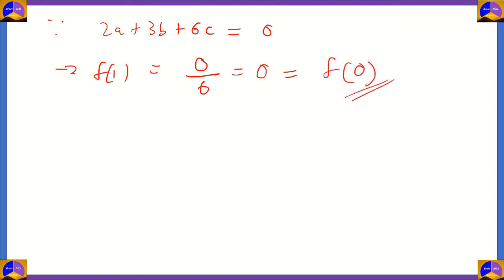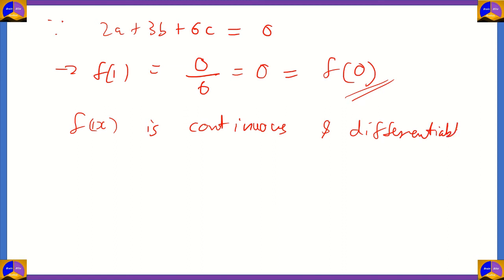So here, f of a equals f of b, and f of x is a continuous and differentiable function, since it's a polynomial function, and it is such a function in the interval 0 to 1. So in the closed interval 0 to 1, the function f(x) is continuous and differentiable.